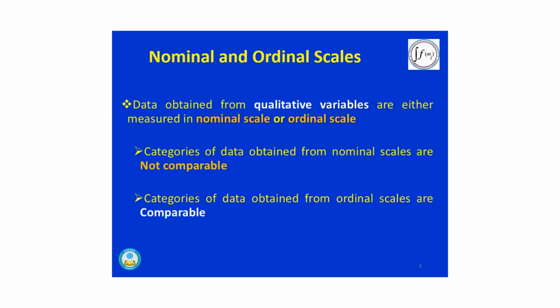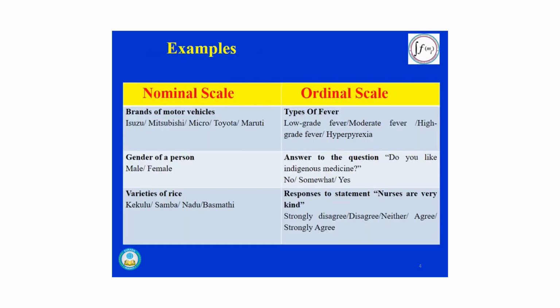Qualitative random variables are measured by nominal or ordinal scale. If the random variable yields categories, but these categories are non-comparable, they are in nominal scale. If the categories are comparable, then they are in ordinal scale. It's easy to understand with these examples.